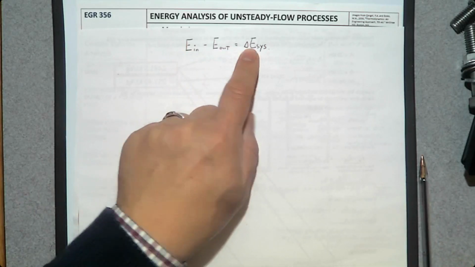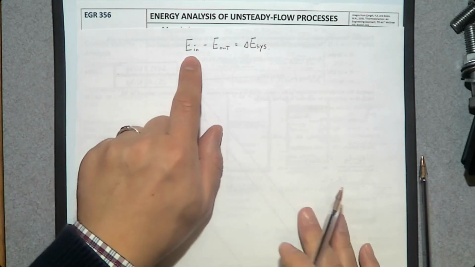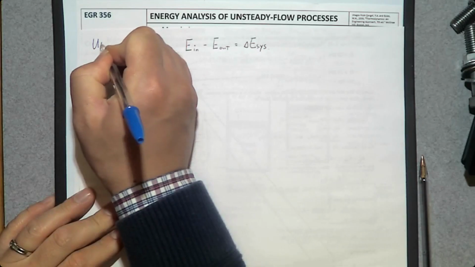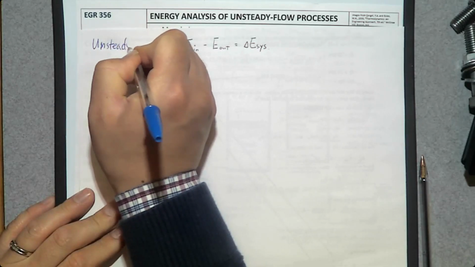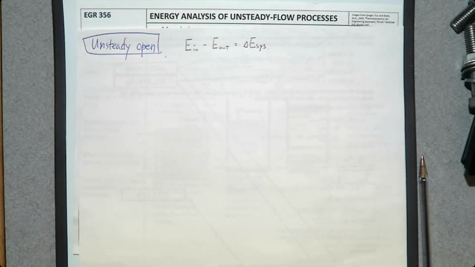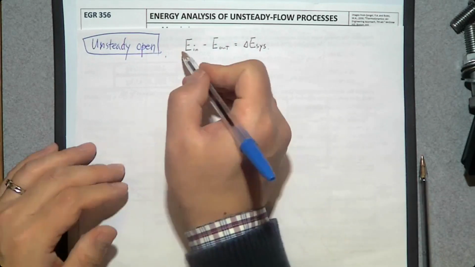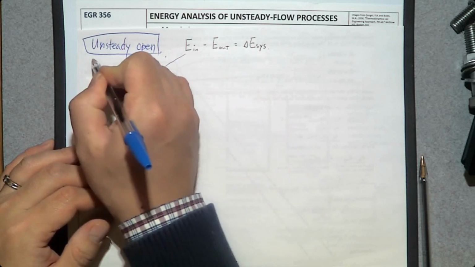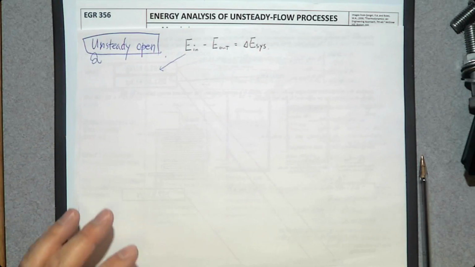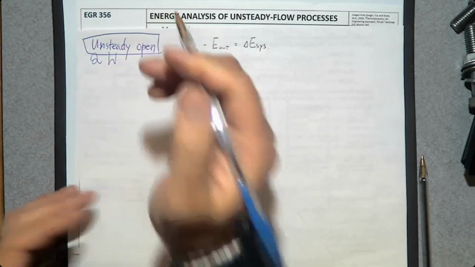You remember that? Okay. So let's talk about energy transfer in. If it is an unsteady open system, what kind of energy transfer can we expect? We can think about heat transfer Q, and we can think of energy transfer by work W. That's it?